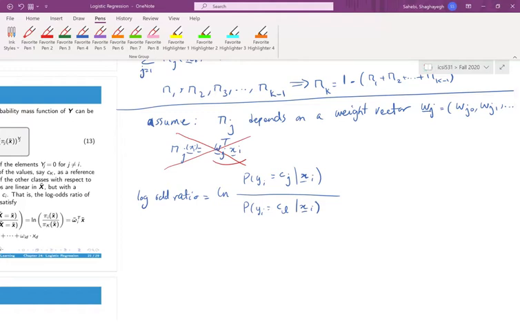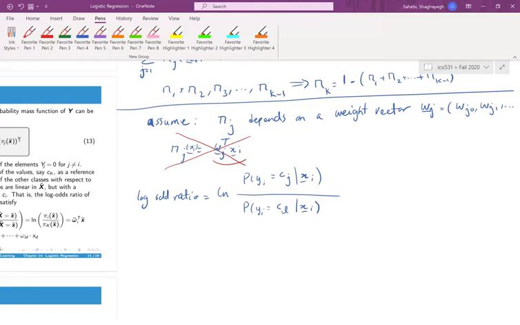Now, to make things easier, we can use one class as a base class, and we can define the log odds ratio with respect to that specific class.